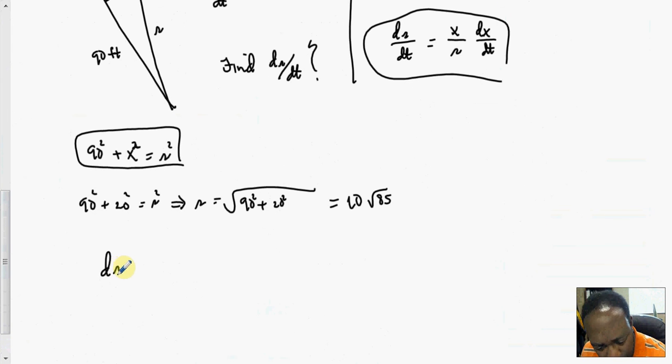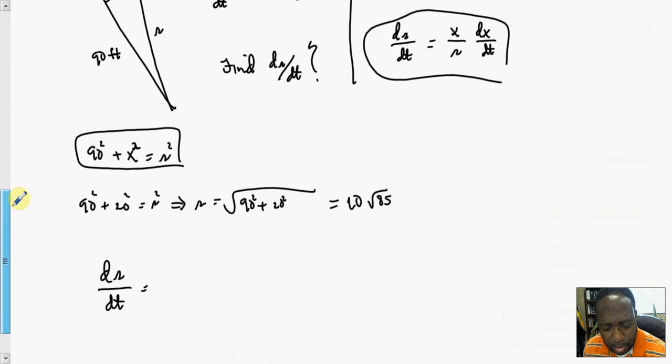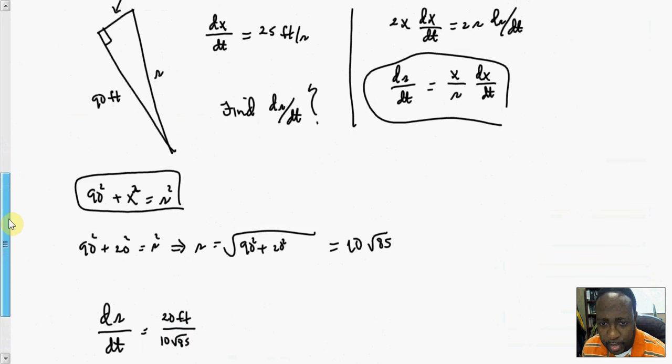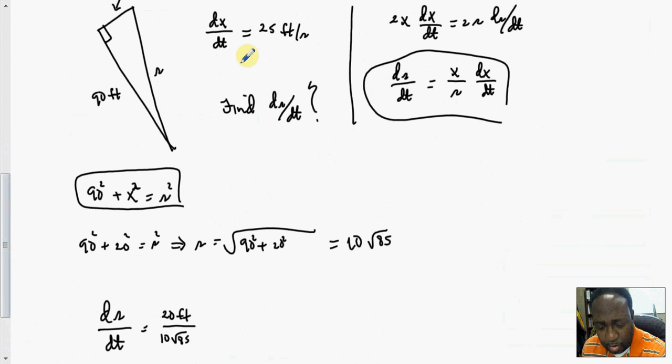Here, ds over dt is equal to x, which is 20 feet, divided by s, which came out to be 10 times the square root of 85, times dx over dt, which is 25 feet per second.